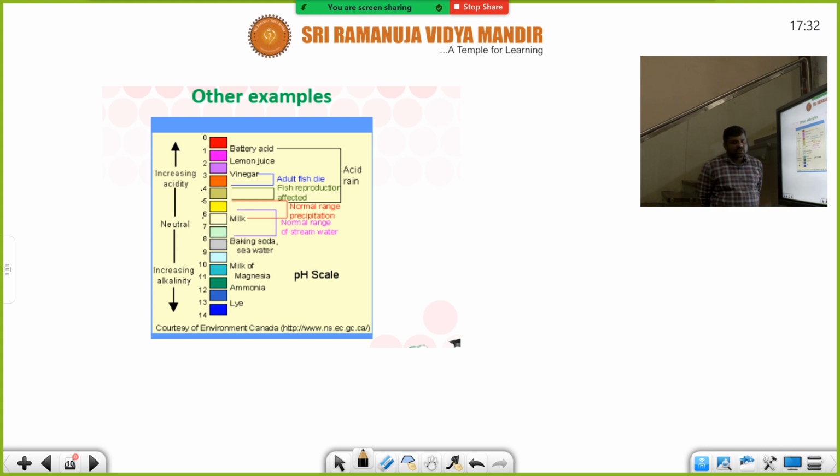So milk of magnesia is used, which is of a more basic nature. Our acid reacts with the base to form salt and water and becomes neutral, giving relief from the acid pain. Okay, that is milk of magnesia. Milk of magnesia is an antacid.